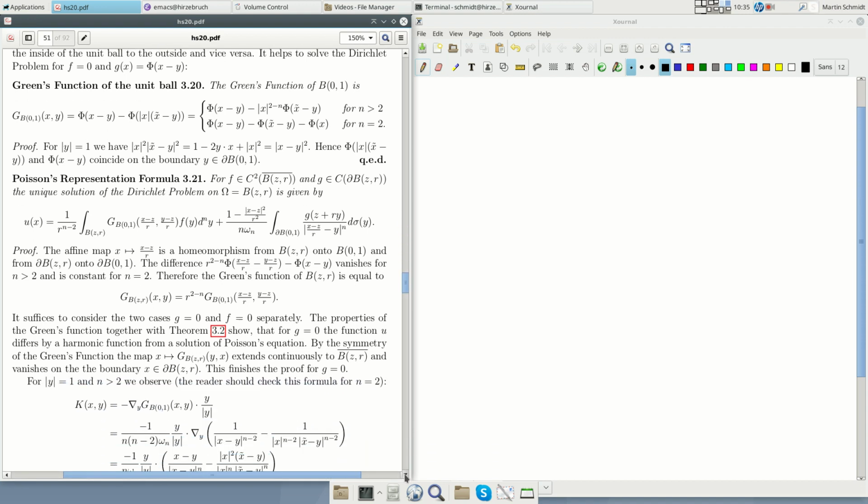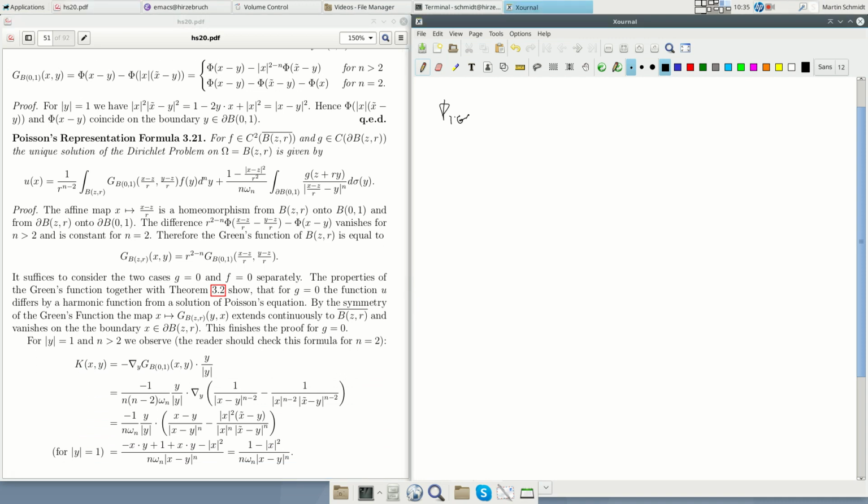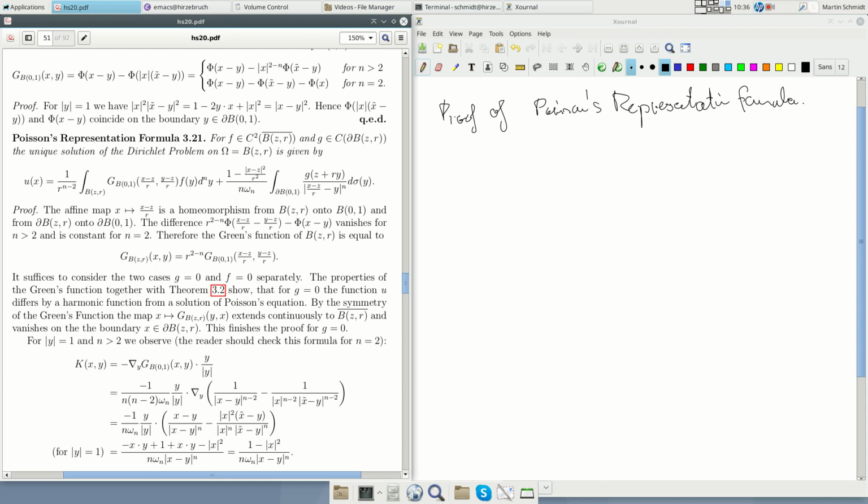Now let's prove the existence. Okay, proof of Poisson's representation formula. Okay, first we observe that we may prove both cases, g equals 0 and f equals 0 separately.